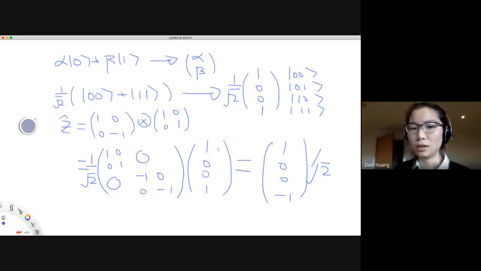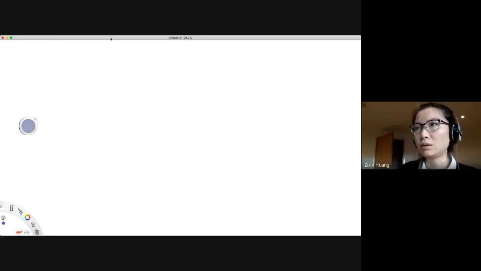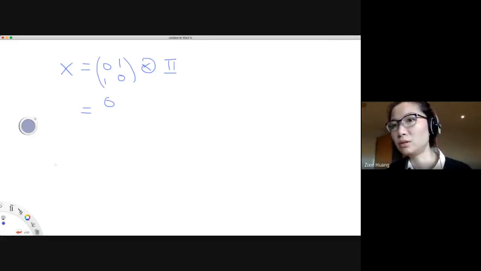Now let's have a look at the X operator. X operator is given by ones on the diagonal. So now when we multiply it by the identity, this is 0. So the identity, okay, let's just write it out so that you see it on the board.